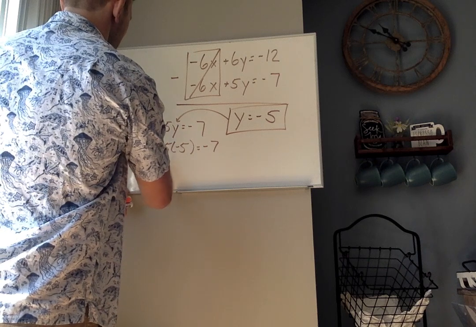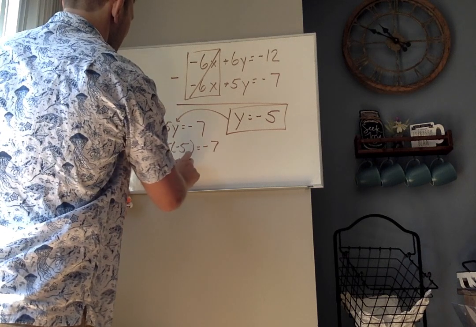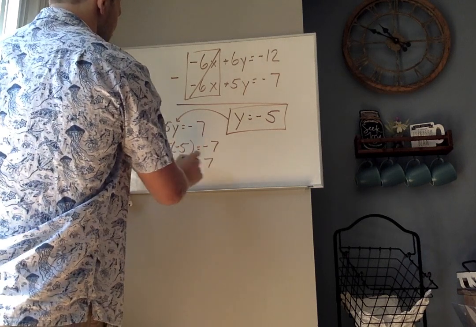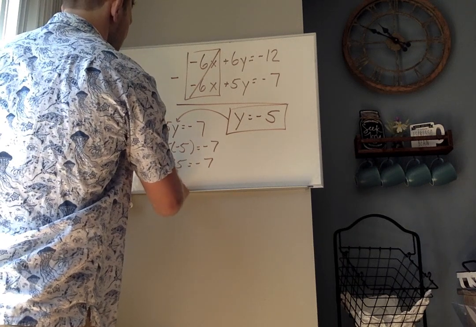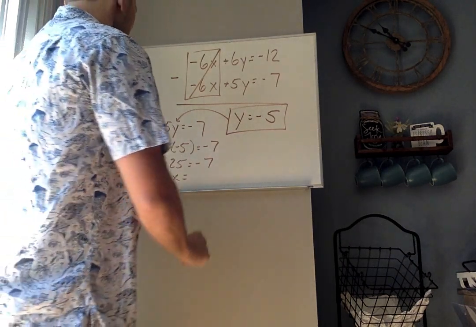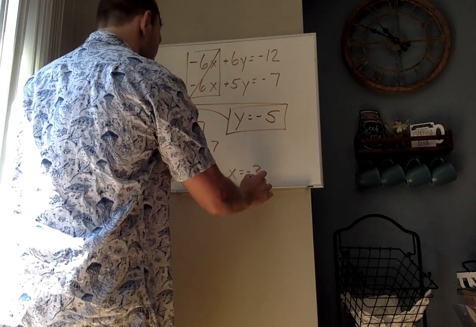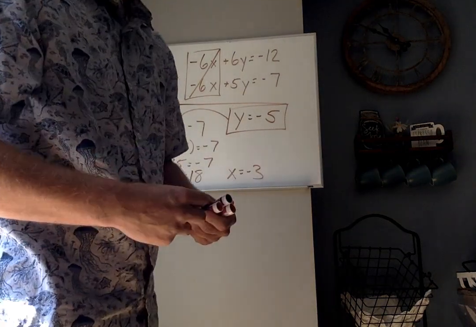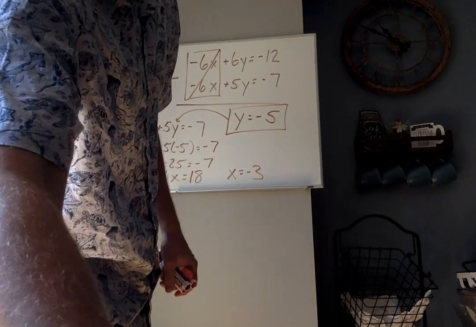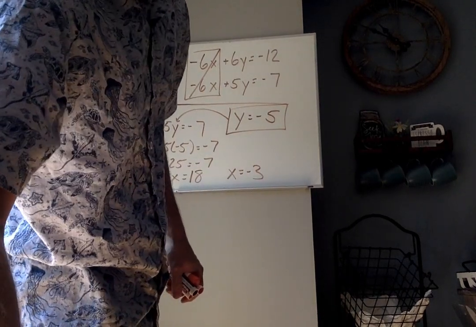Well, negative 6x minus 25 equals negative 7. And add 25 to both sides, I get negative 6x equals 18. So x equals negative 3. So I got negative 3 and I got negative 5.